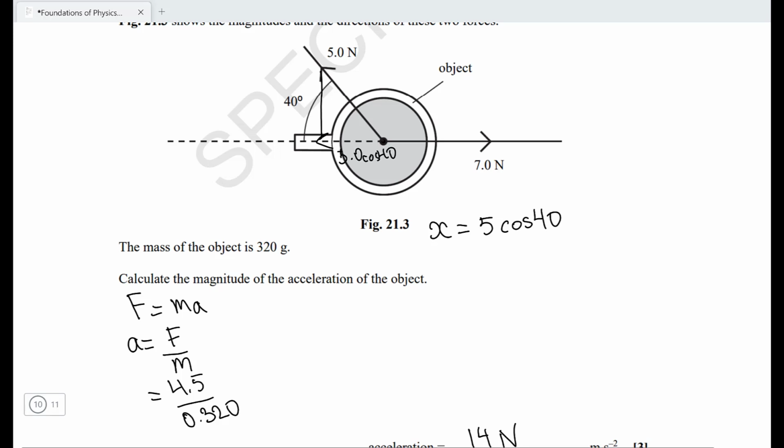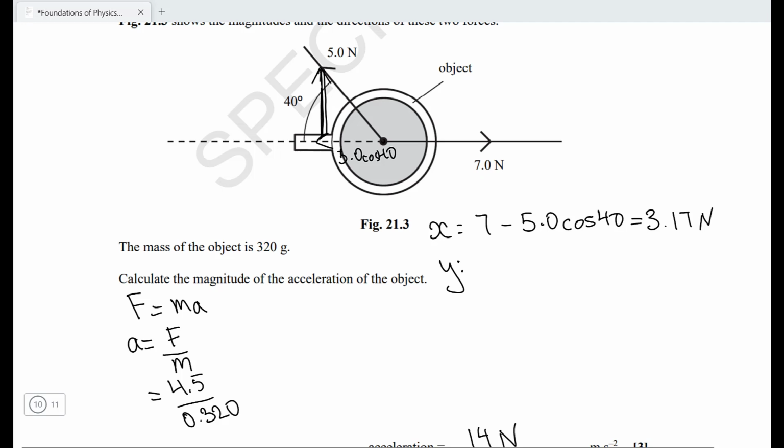However, look at that, they're now in the other direction, so we're going to need to take them away from one another. So that's going to be 7 minus 5.0 cosine of 40, which is about 3.17 newtons.